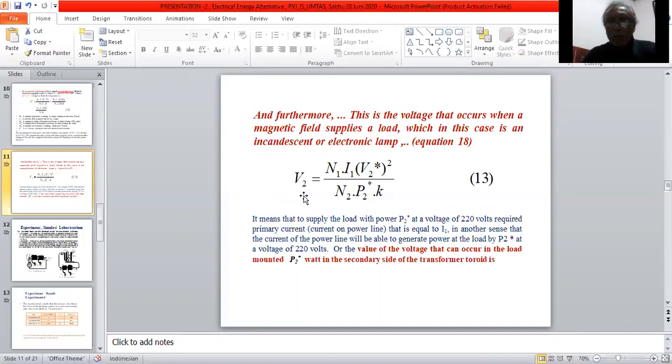In another sense, the current of the power line will be able to generate power at the load of P2* at a voltage of 220 volts, or the value of the voltage that can occur in the load mounted, P2* watt, on the secondary side of the toroid transformer.